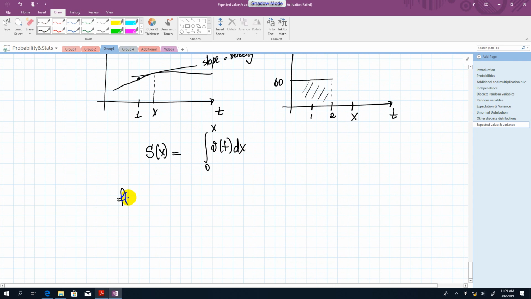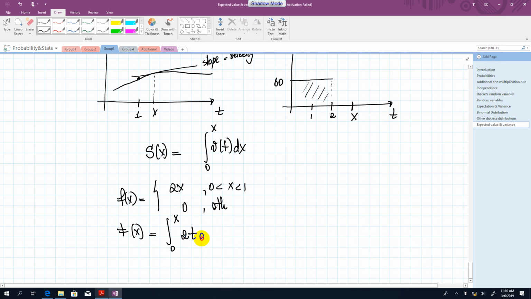Okay, let's do our classical example. If f of x is equal to 2x, where x is between 0 and 1, and 0 otherwise, could you please find the cumulative distribution function for the same x? So this will be the integration from 0 to x of 2t dt. You need to call this variable differently, right? You cannot call this x.